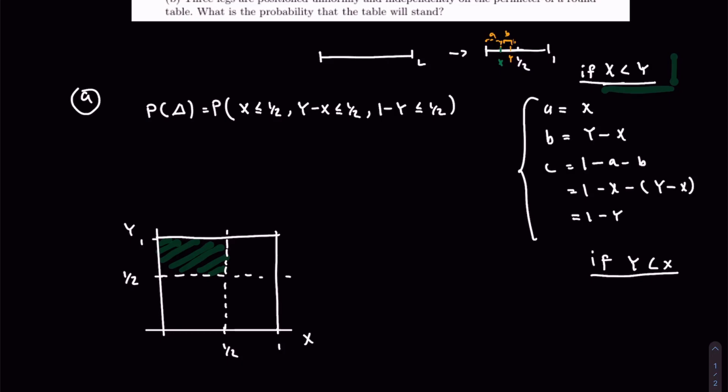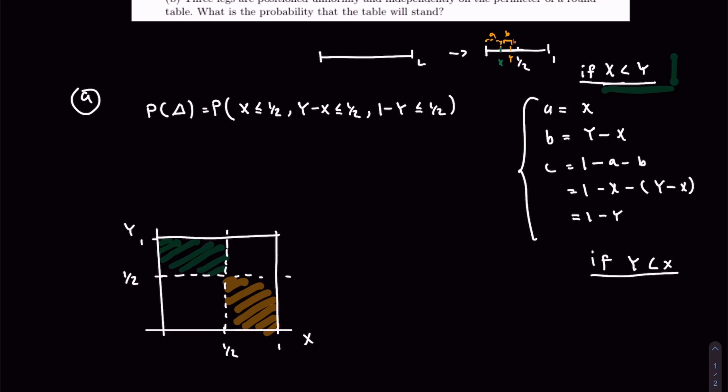And the other condition is just symmetrically the opposite situation where y is less than x, and this will happen in this region. So there's a triangle in here, and there should be a triangle in there.